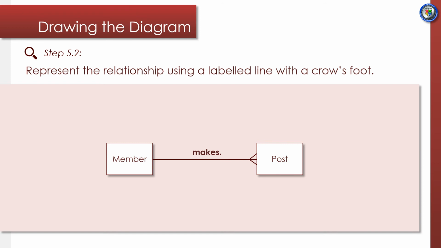So there are three items: the relationship, which is defined by the straight line going between member and post, the cardinality, which is shown using the crow's feet at the post end, signifying many, and the description of the relationship, makes. One member makes many posts.